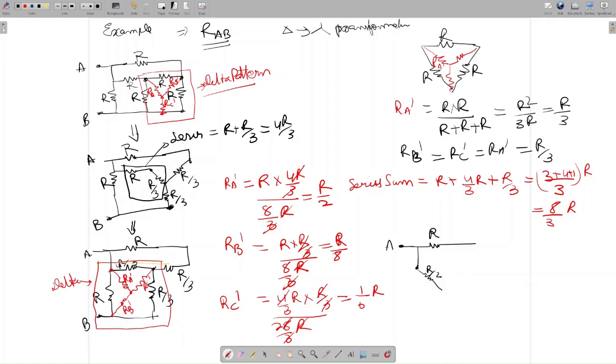Now here this is RB dash, RB dash is equal to R by 8, and this RC dash is equal to 1 by 6R. So now this is connected to this and to this too, this is R by 3.